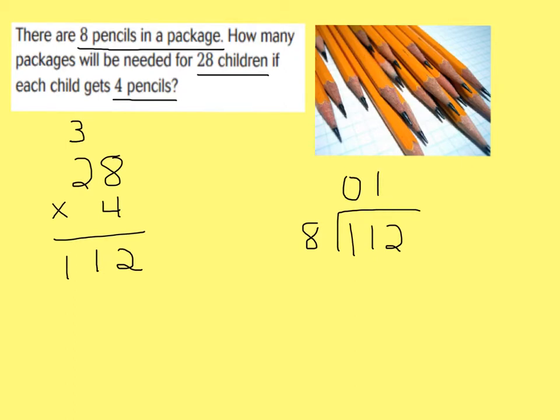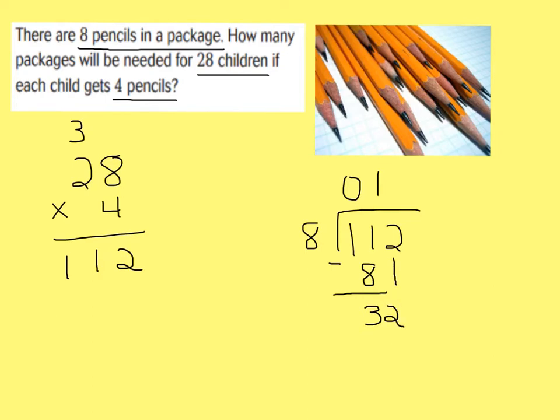So 1 times 8 is 8. And I'm going to subtract the 8 from the 11. When I subtract 8 from 11, I get 3. And I'm checking to make sure that this digit is less than my divisor, which it is. So I'm going to go ahead now and bring down my 2.